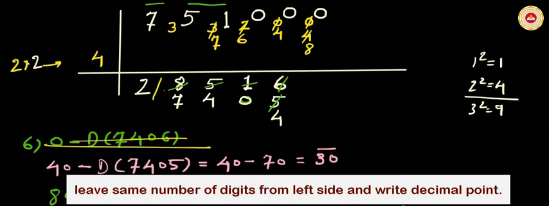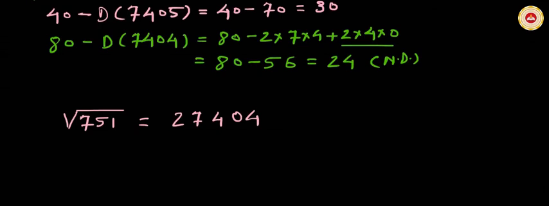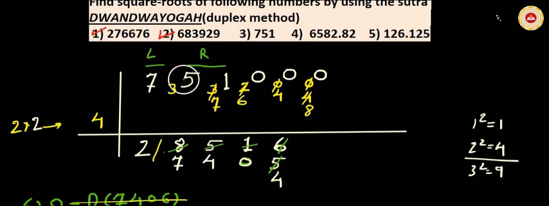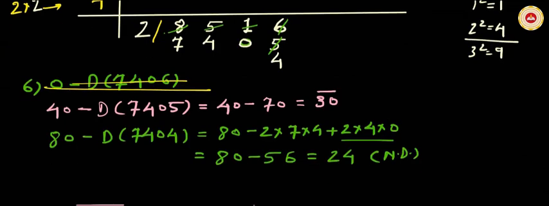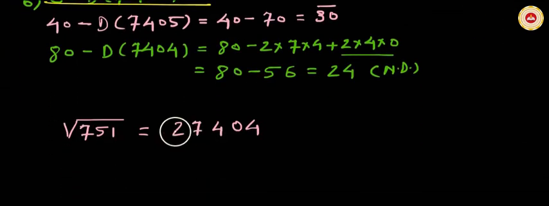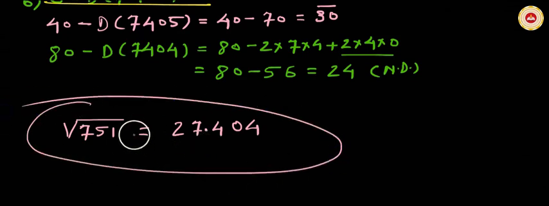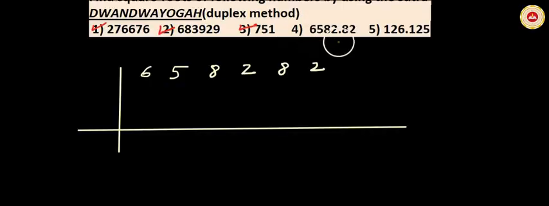Now, how to give the decimal point? Count the number of groups, 1 and 2. There are 2 groups, so count 2 digits from the left side and give the decimal point, which means that square root of 751 is equal to 27.404. This is the answer.